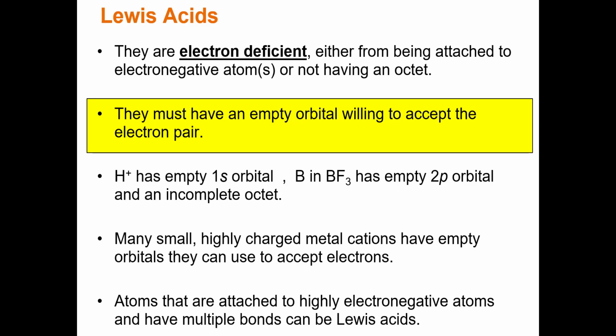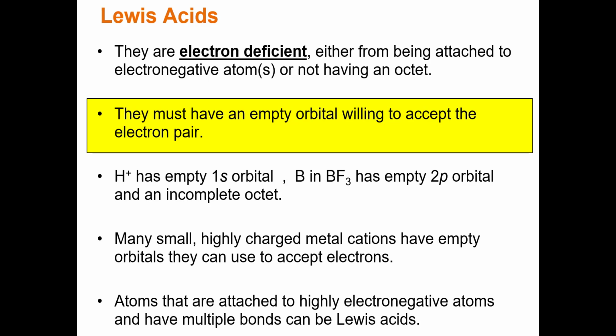So Lewis acids are things that are electron deficient in some way. So they either don't have an octet, so the molecule does not have an octet, or there is some portion where you have an electronegative atom that is sucking all of the electrons away from something else.